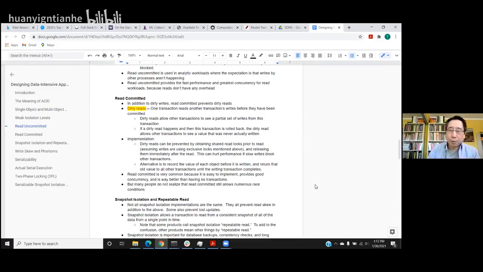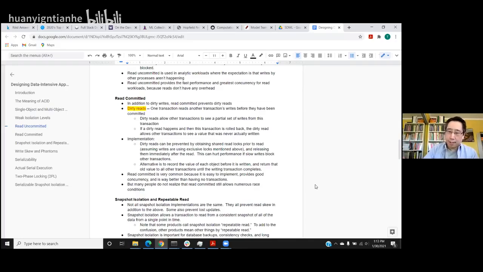So in terms of the implementation, it's kind of a funky thing. I had to think about it a little bit. You can use locks to implement it, but there's a lot of reading of data that happens in databases. Sometimes you don't have a lot of writing, but there's almost always a lot of reading. So if you use read locks, before you read any piece of data, you need to ask for a shared read lock.